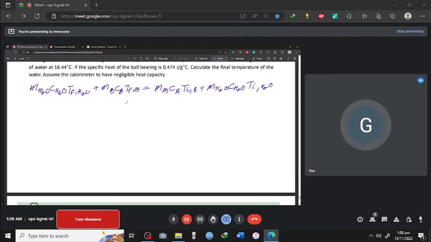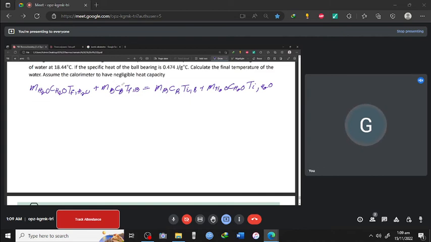Okay? So, from here, again, anong hinahanap natin sa problem? We're trying to calculate the final temperature. So, something that we need to do here is we can factor this out, no? Para ma-separate natin yung final temperature. Again, sabi naman natin, yung final temperature ng water and ng ball is magiging equal at a certain point. So, pares lang sila ng final temperature.